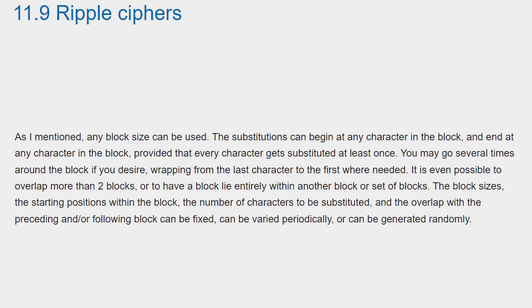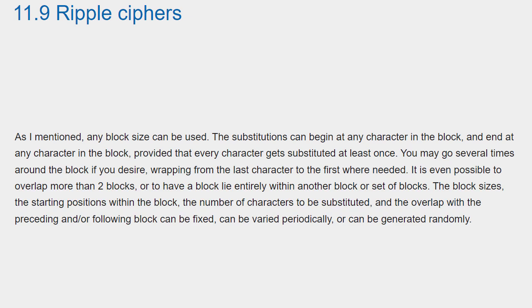As I mentioned, any block size can be used. The substitutions can begin at any character in the block and end at any character in the block, provided that every character gets substituted at least once. You may go several times around the block if you desire, wrapping from the last character to the first where needed.